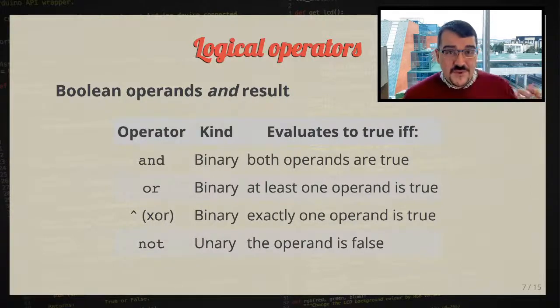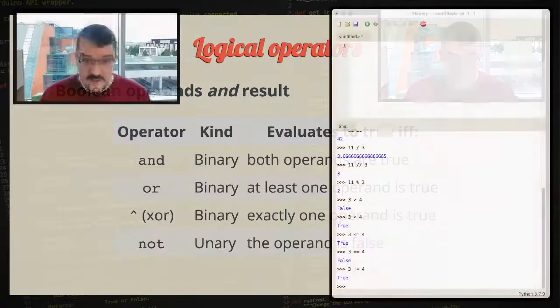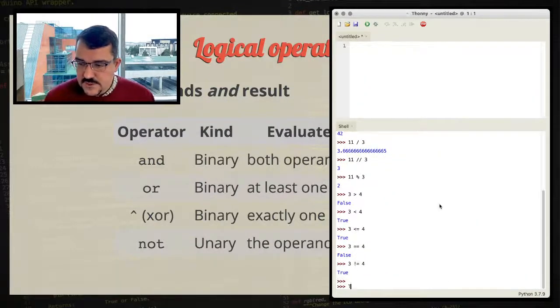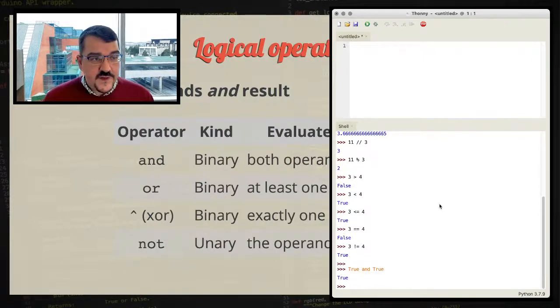So it doesn't matter what the weather is like, because that expression, good sleep and good weather, is going to be false, because an AND operator evaluates to true if both of its operands are true. So true and true will evaluate to true.